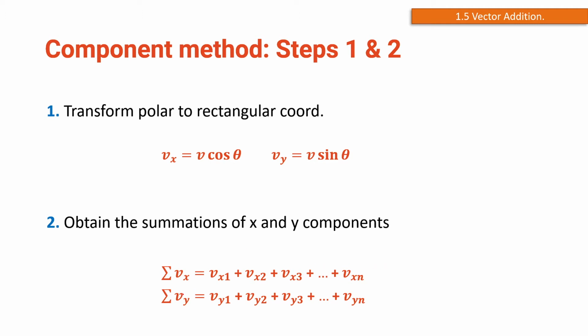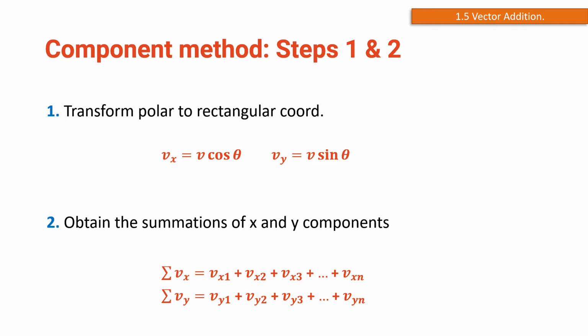And the same goes for the y component summation. You need to add the y component of vector 1, y component of vector 2, y component of vector 3, and so on.